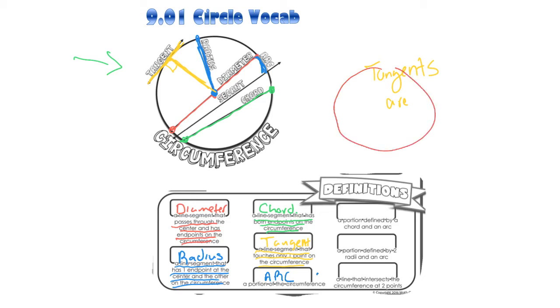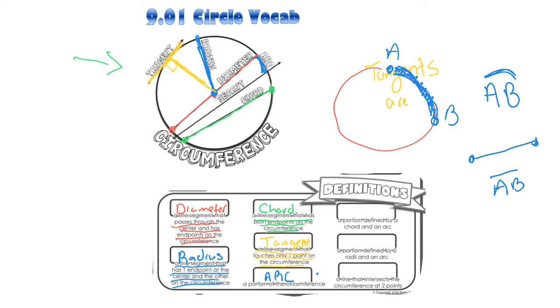So if I have a circle and I want an arc between 2 points, let's call this point A and point B. This is the arc. It's a piece of that circumference. It's not the whole way around, it's just part of it. And we draw arcs AB with a little curve over. So a line segment AB looks like this. Arc AB, the symbol is a curve over the AB instead of just that line segment.